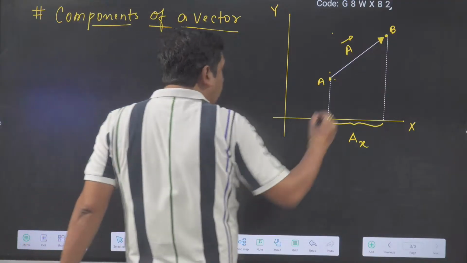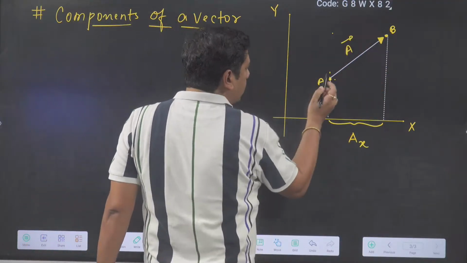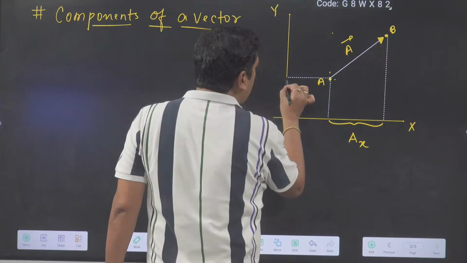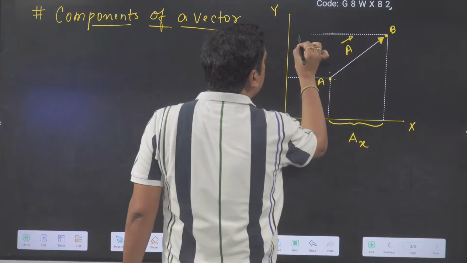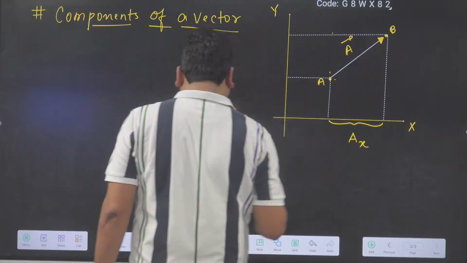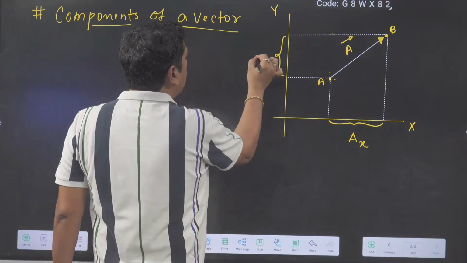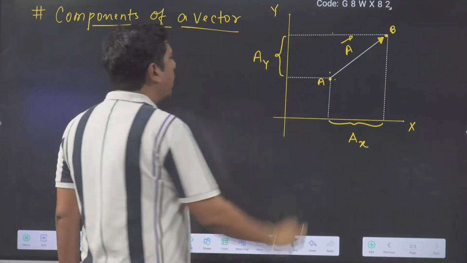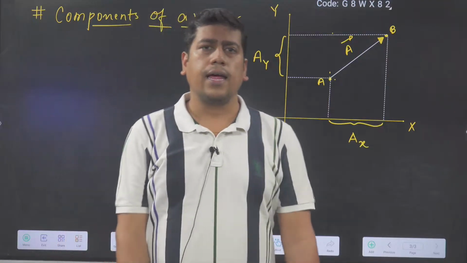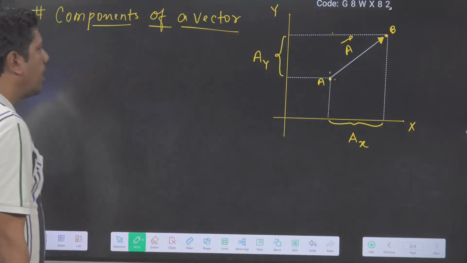Similarly, if you want to find the y component of this vector a, then drop perpendiculars from head and tail on the y-axis. This length will be known as the y component of the vector.